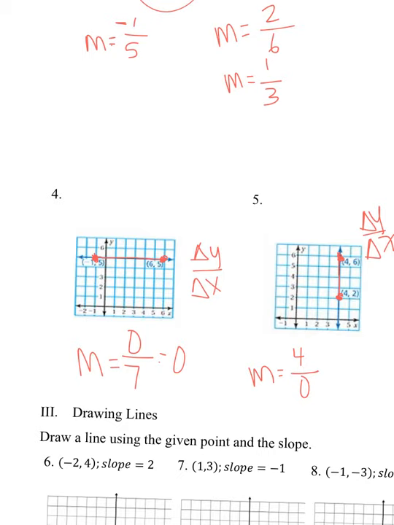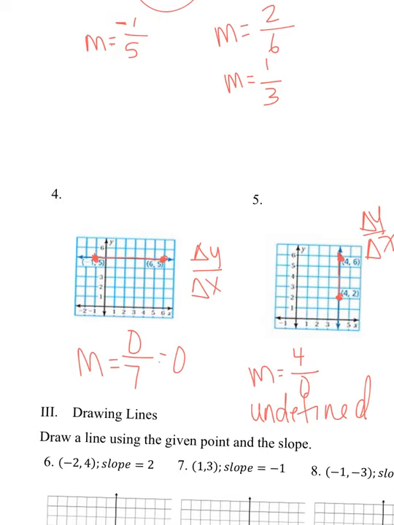In number 4, it was 0 over 7, which is 0. But in number 5, this vertical line, it's 4 over 0. And we know 0 cannot be in your denominator. So the slope of a vertical line is considered undefined, because you have no change in your x-axis.